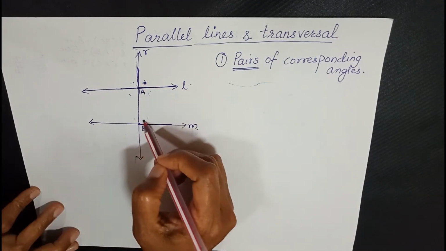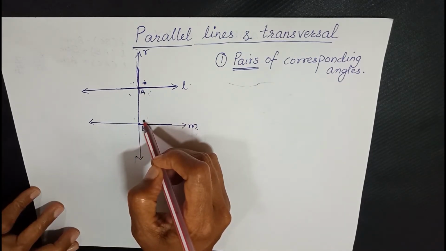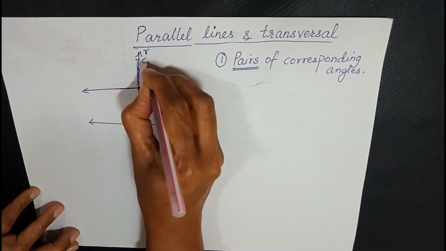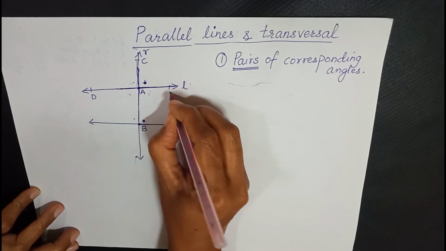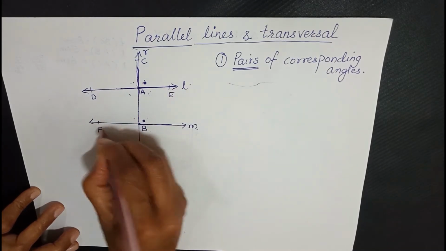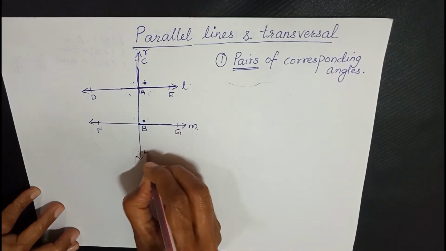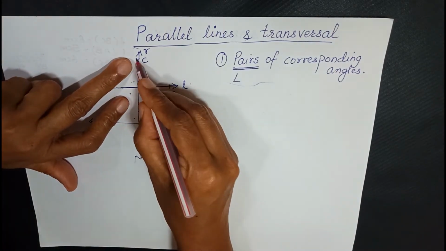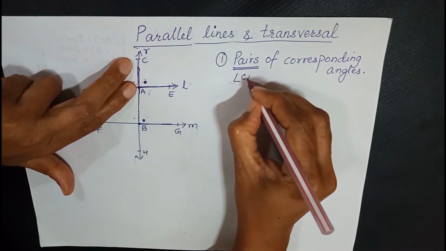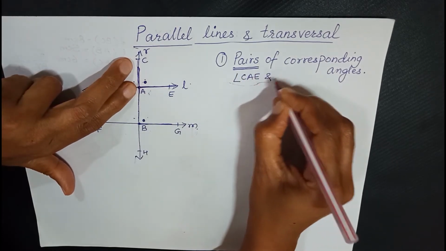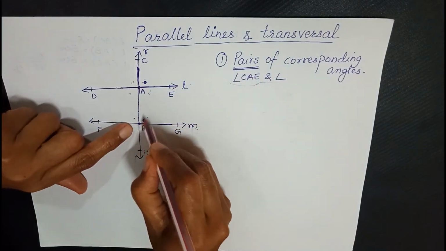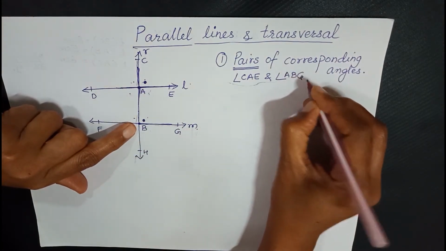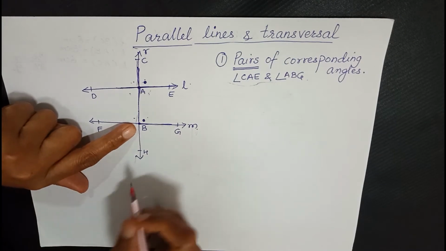So these two angles form a pair of corresponding angles. Let me give some names to these points so we can write down the names of these angles. So this is the first angle, angle CAE, and now this angle will be ABG. So this is the first pair of corresponding angles.